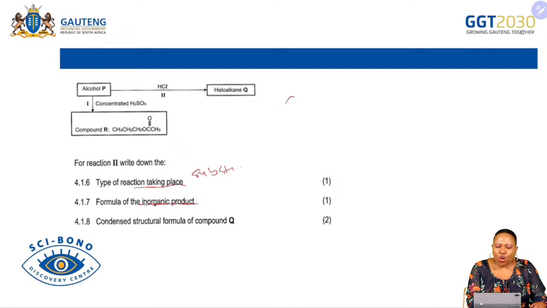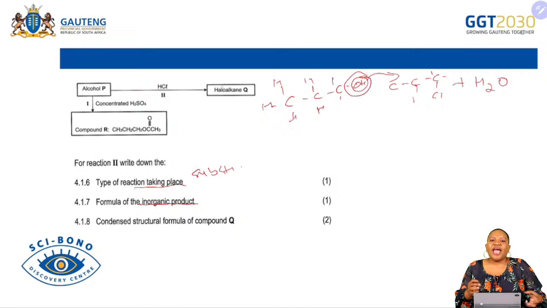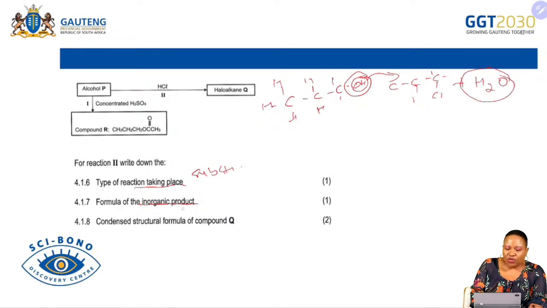Definitely, if this alcohol, propan-1-ol, reacts and is substituted with HCl, this OH will be removed and replaced with Cl here, and so water will be one of the products, which is the OH and 1 hydrogen from the haloalkane that will be removed as we put the Cl instead of the OH. So we are going to have water as the inorganic product.